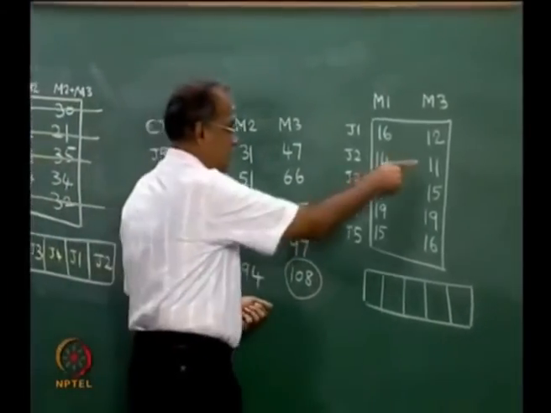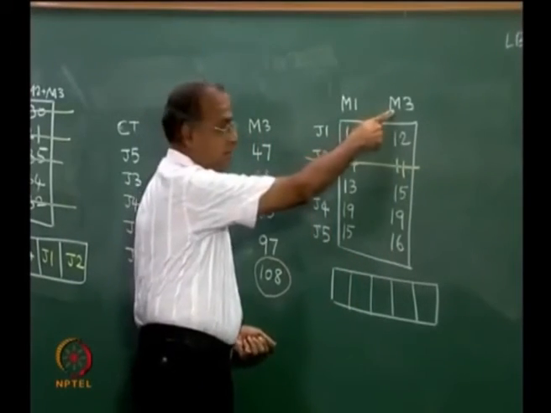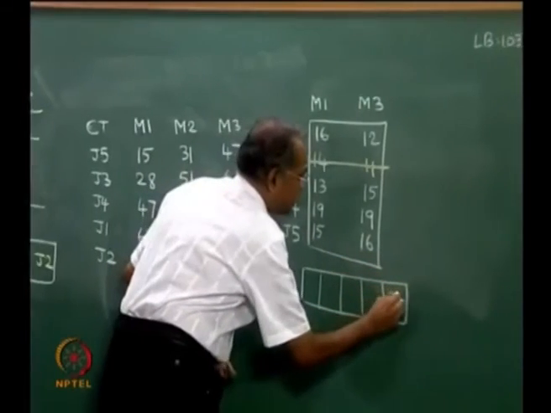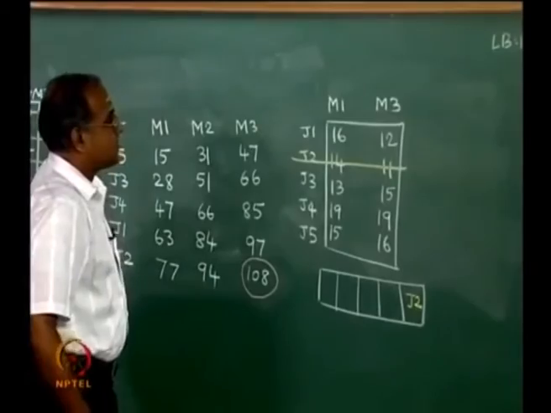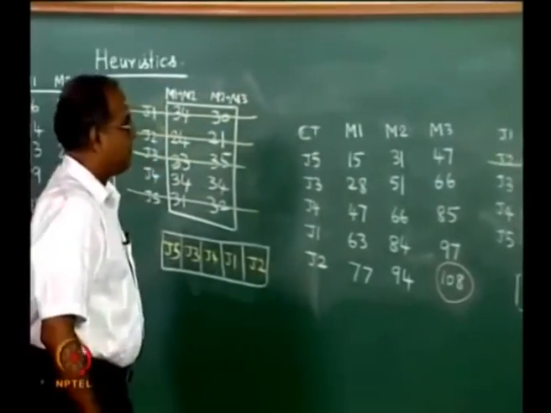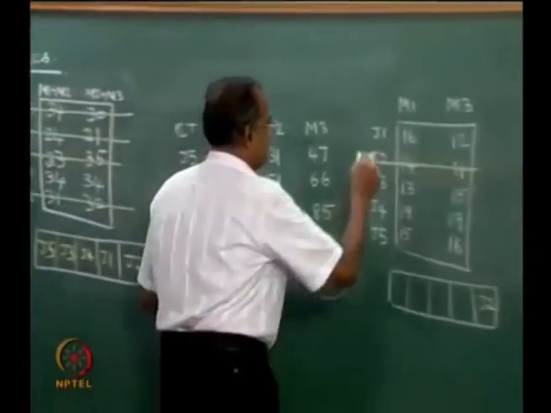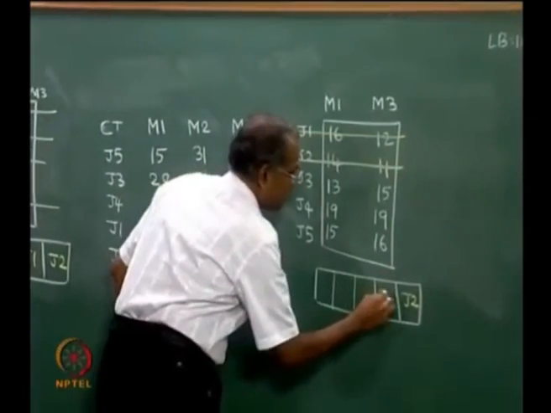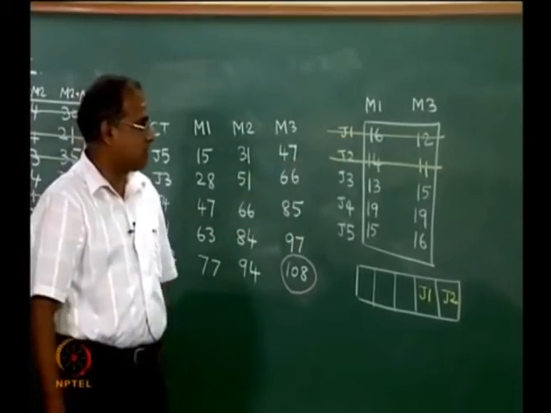The smallest one is 11, so J2 on the second machine, so comes from here, J2. The next smallest is J1, once again from the second machine, so J1 comes here.